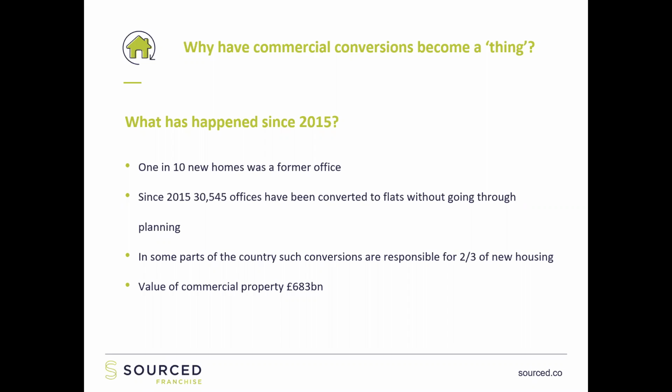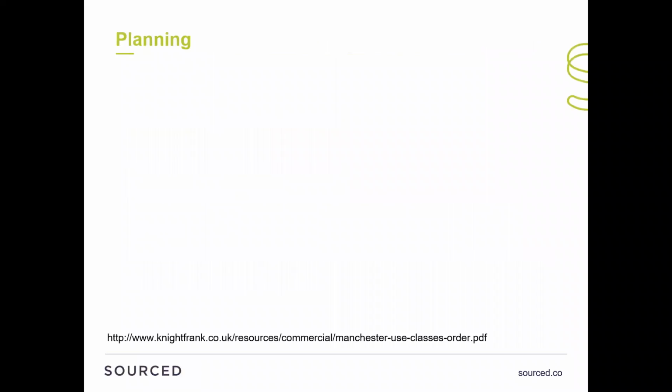So if you were going to take that and convert it into residential, you'd probably get some kind of uplift, which is what we're going to talk about in a little while. So that 683 billion, if you say add 20% to that in terms of the uplift you'd be expecting, you're talking about billions. You're talking about a huge amount of money that's potentially still locked up within commercial buildings, which could be released once it's converted to residential.